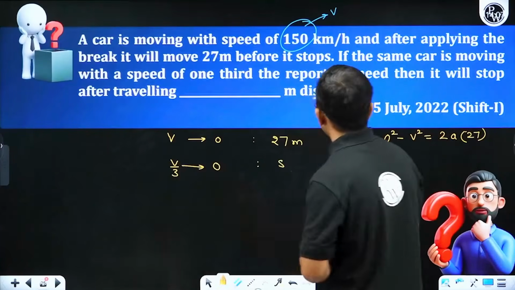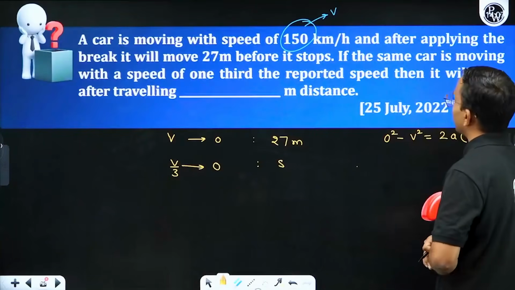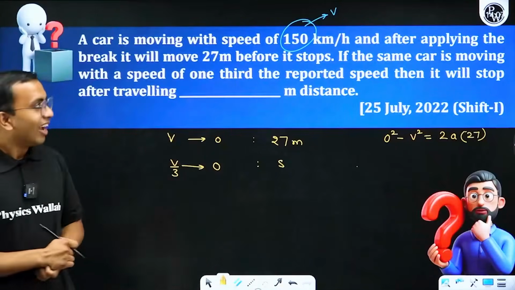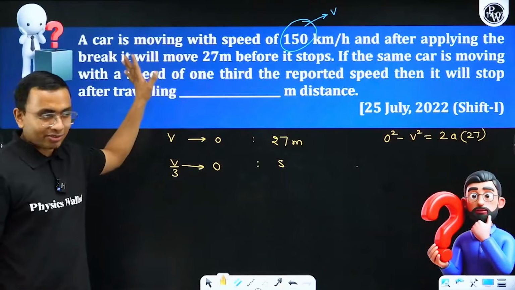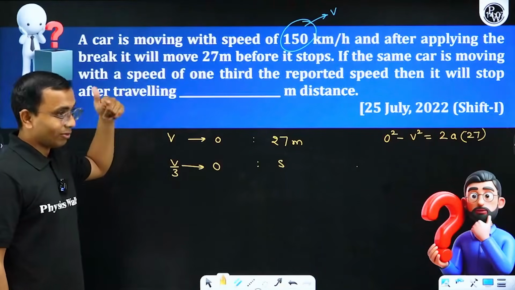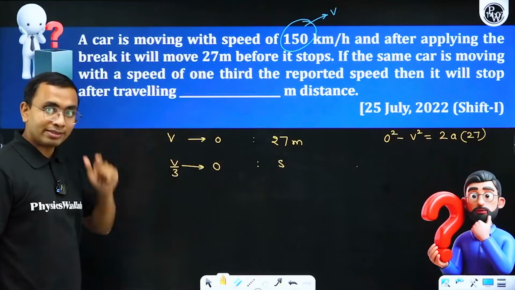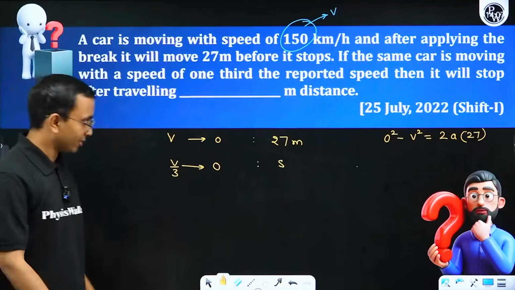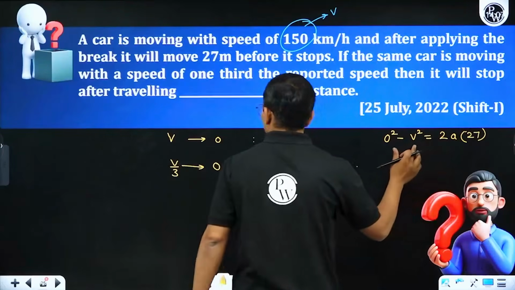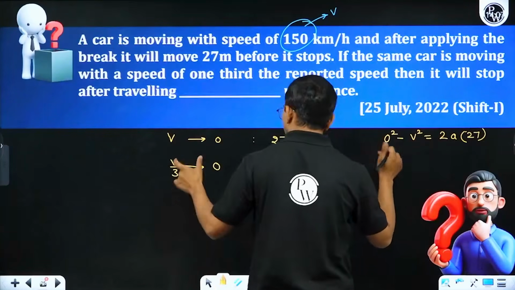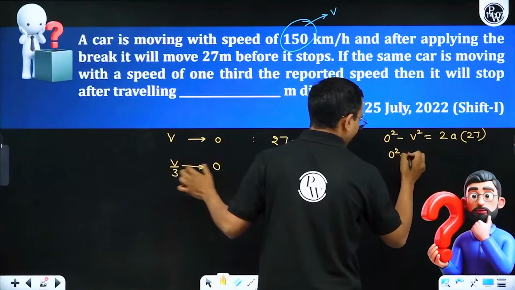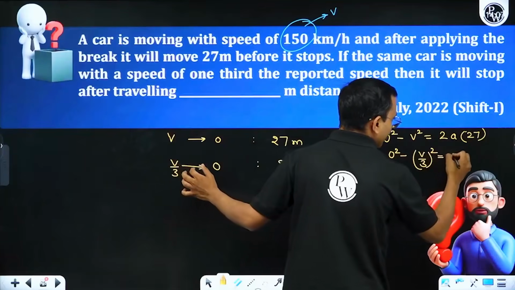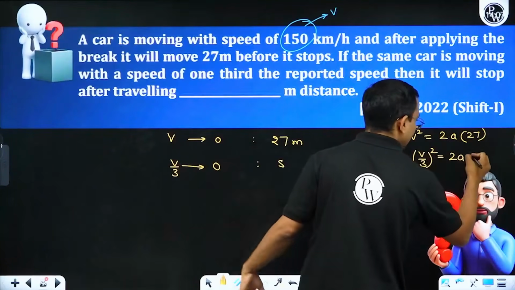Now you may say, sir, but it's not mentioned here that the acceleration is the same. Sometimes you have to use common sense. He is saying he is applying brakes. He is not mentioning whether the acceleration is the same or not, but it is understood that the acceleration is the same here. He is applying the brakes similarly in both cases. So in the second condition, 0 square minus initial v by 3 whole square is 2a into the distance s.